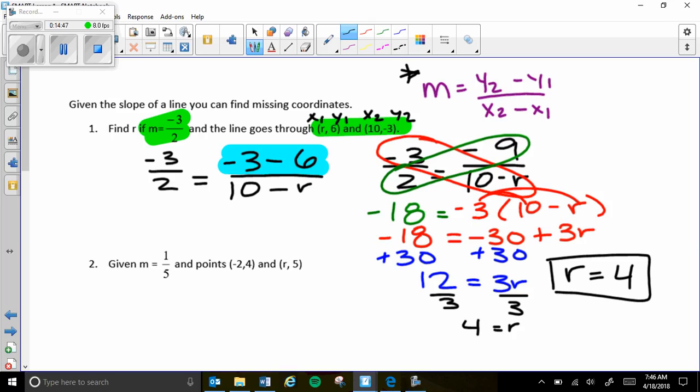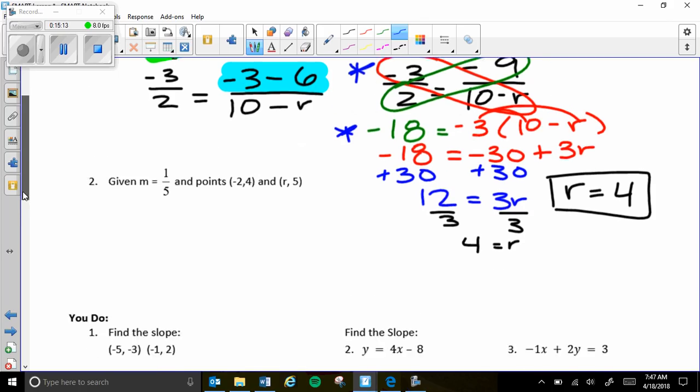Again, I just want to bring your attention back up here. The fraction for our slope was negative 3 over 2. So I kept the negative with the 3 and distributed it. I didn't make the 2 negative as well. This negative 18 is negative because there's a negative 9 here. So please just be careful about that.